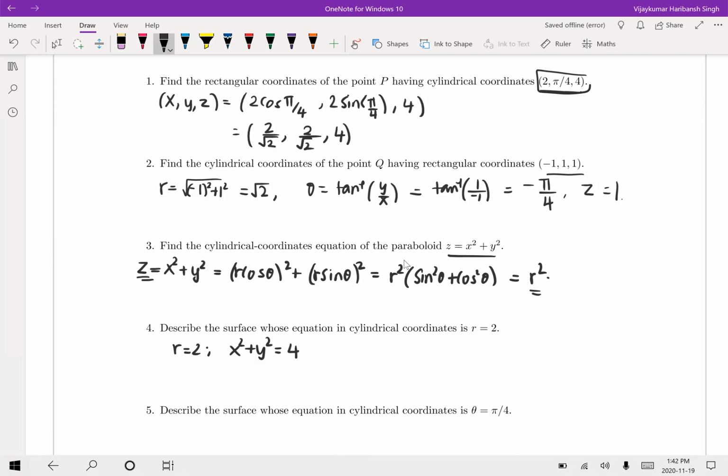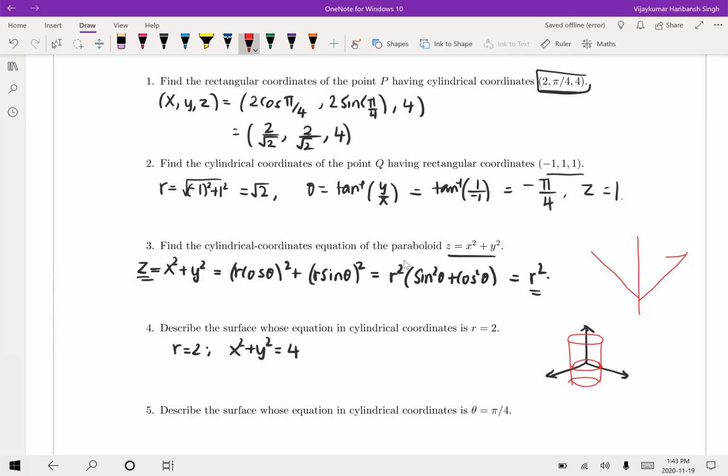In the cylindrical coordinate setup, this will look like a cylinder of radius 2. Similarly, z equals r squared will look like this: when r is 0, z is 0.